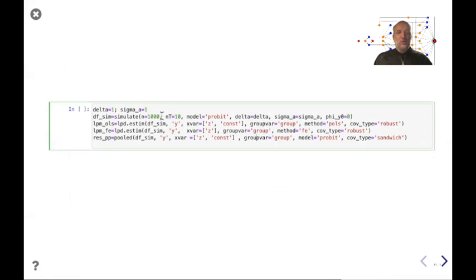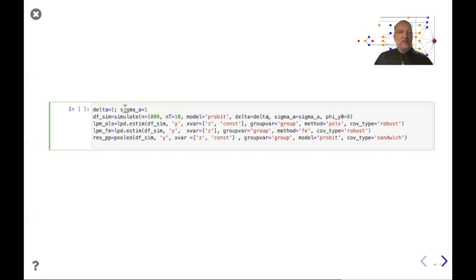What I did here was simulate 1,000 individuals with T time periods, and we assume that the error term for the lagged dependent variable is normally distributed. And then we have the delta parameters. You can also assume it's logistically distributed, to get the simulation from a logit.